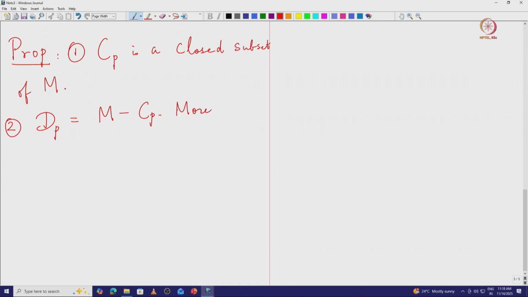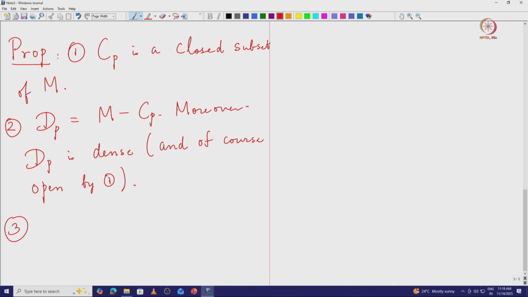Moreover, D_p is dense, and of course it's also open by the first part, because C_p is closed. The third point is that the exponential map between the two segment domains is actually a diffeomorphism.